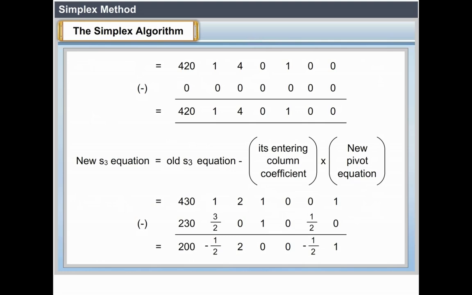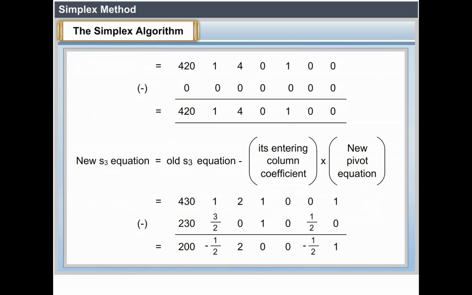We have to subtract the new pivot equation multiplied by its column coefficient from the old equation. The entering column coefficient is 0, so we subtract 0, 0, 0, 0, 0, 0, 0 from 420, 1, 4, 0, 1, 0, 0.